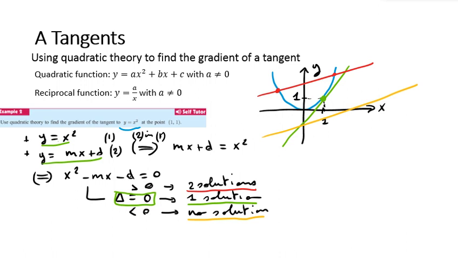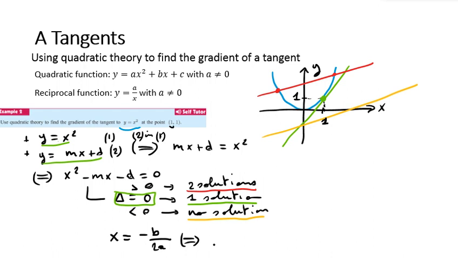When delta is equal to 0, we know that the x component of the common point is equal to minus b over 2a. That is the case because delta is equal to 0, so this part here is 0. Then x is equal to minus b over 2a. And the x-coordinate of the common point is given, it's 1.